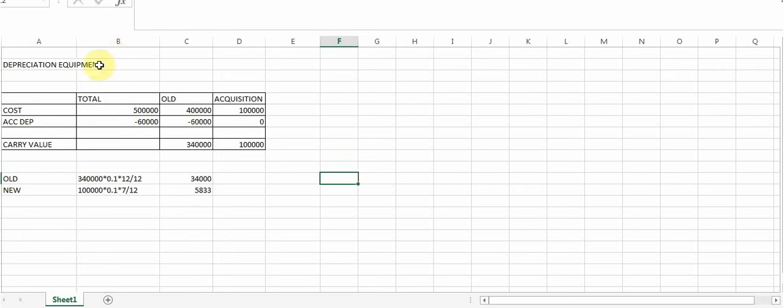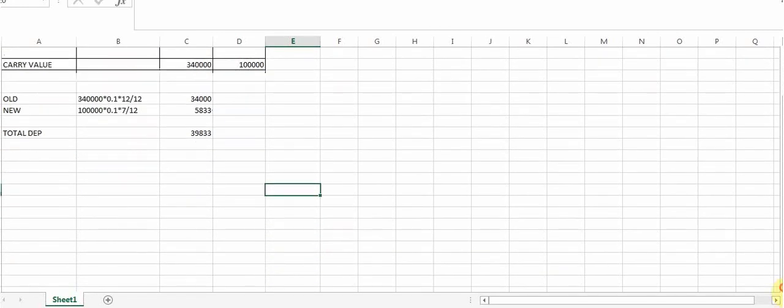So there I've calculated depreciation for the old and the new. That leaves me with a total depreciation of the sum of those two. So I will simply add them together, and that gives me total depreciation on equipment, again just rounded to the nearest Rand, 39,833 Rand. This is the calculation for my depreciation on equipment.